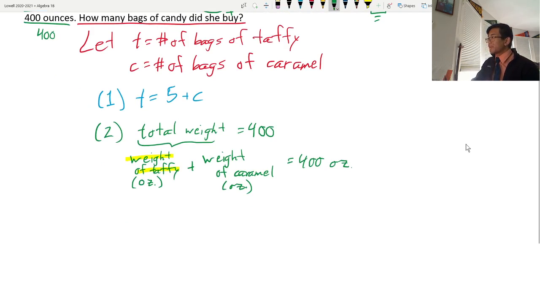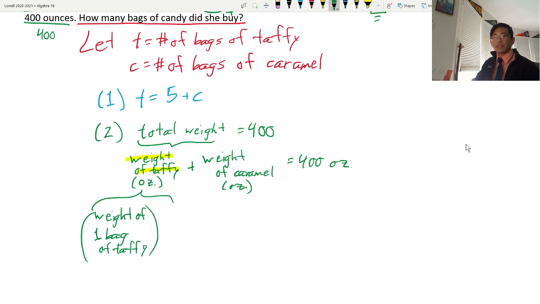And so we can say that the weight of the taffy comes from this: the weight of one bag of taffy times the number of bags of taffy, of course.